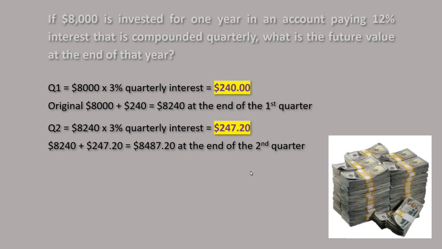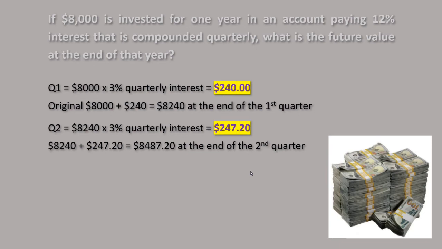You see, that's going to give you $247.20 in interest as opposed to $240, because what you're doing is you're actually dumping the interest from the previous quarter into the pot, and you're going to capitalize that money. So now you don't just apply the interest towards the initial principal.